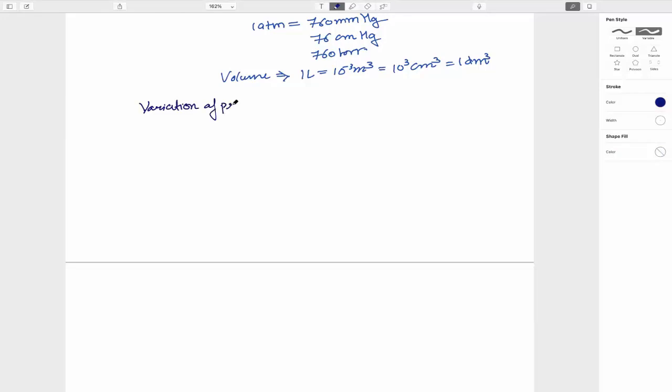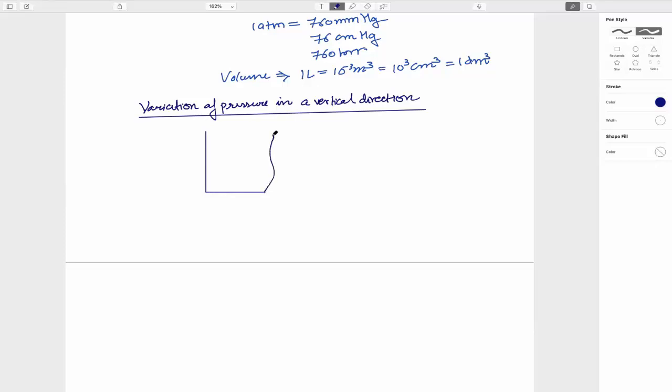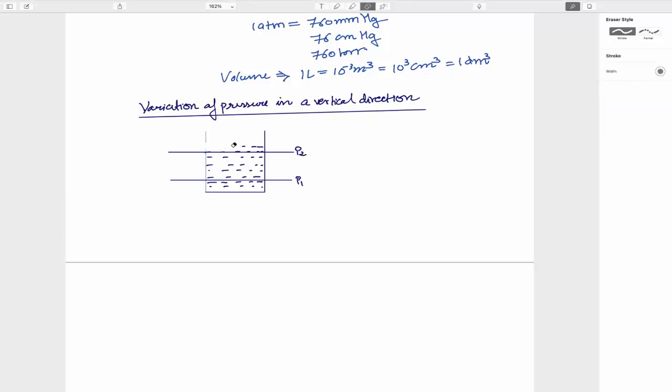Let's say we have a bucket that is filled with water, and consider that the pressure at this point is P1 and the pressure at this point is P2, where it is exposed to the atmosphere.